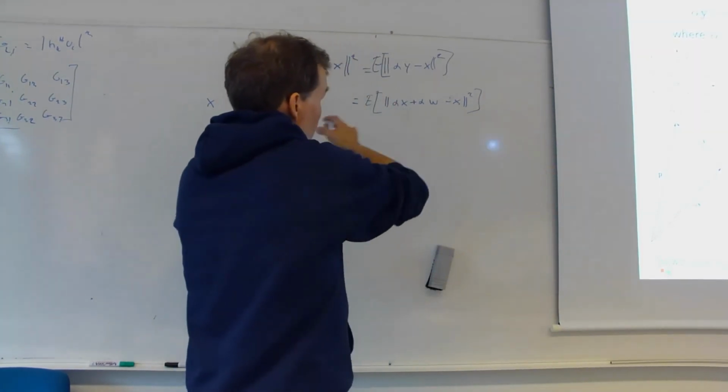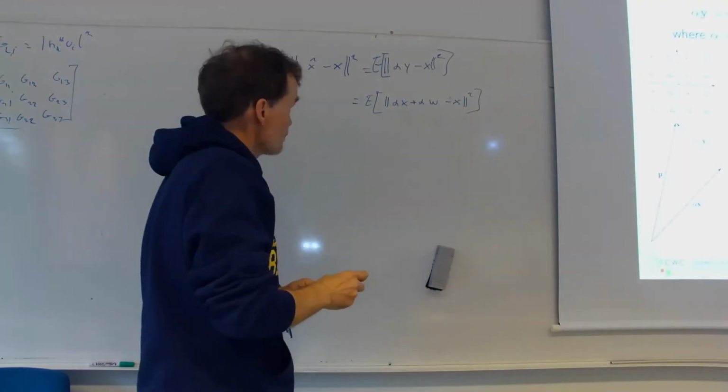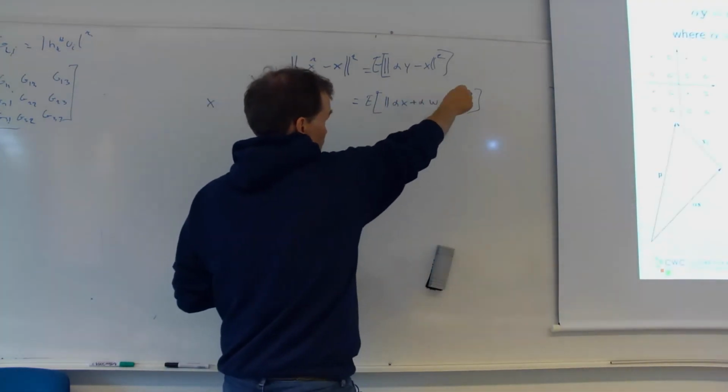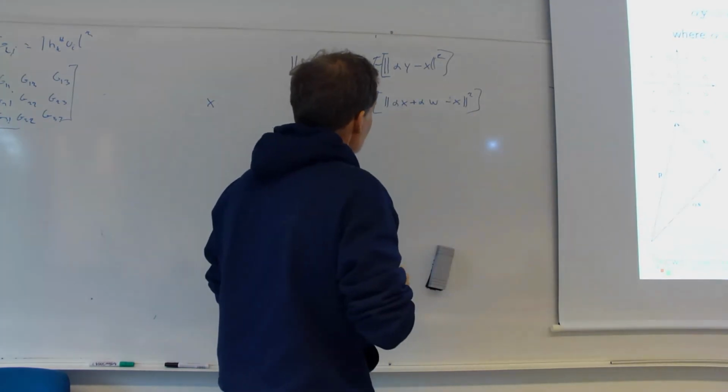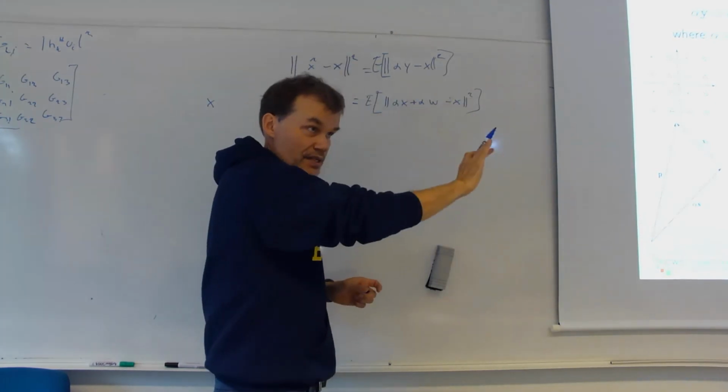When we now expand the square term and take the expectation, all the cross terms again disappear.